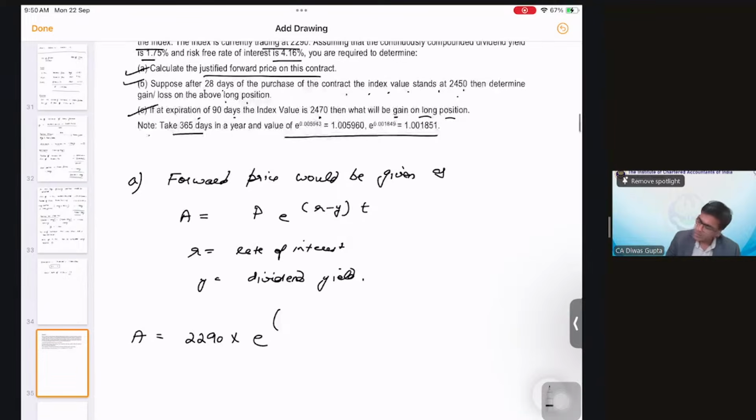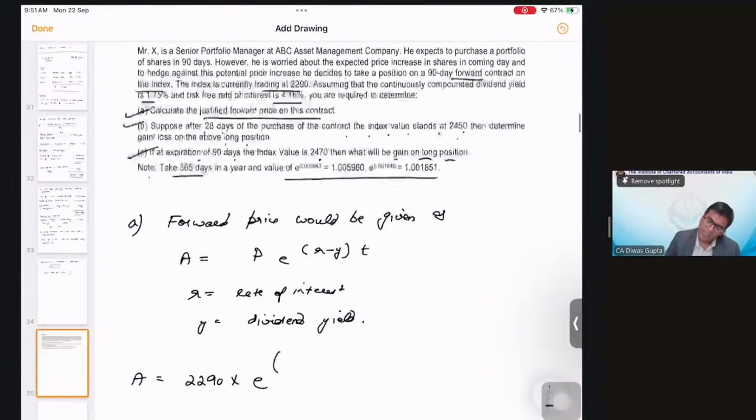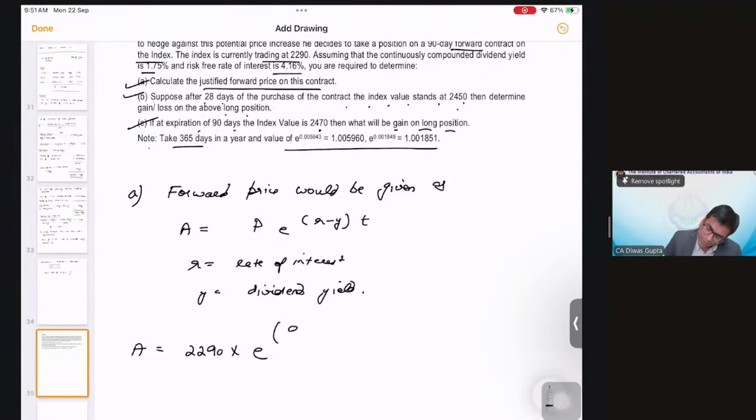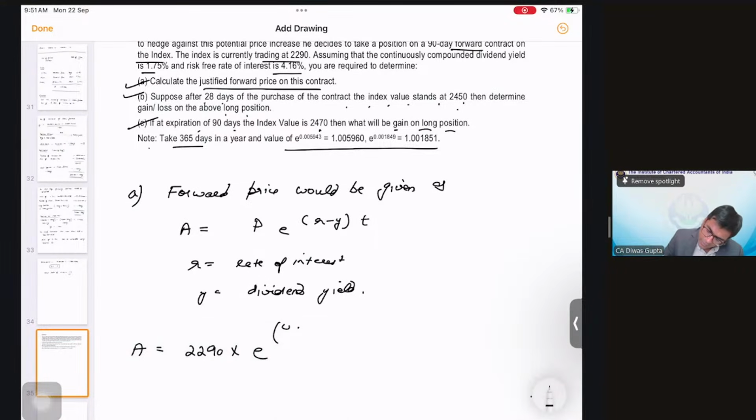This will be a calculation wherein 4.16% will be 0.0416 minus 0.0175 into 90 divided by 365.